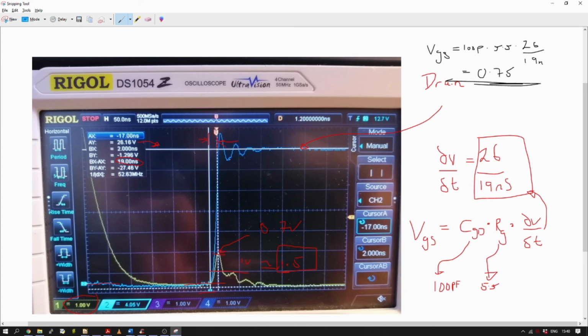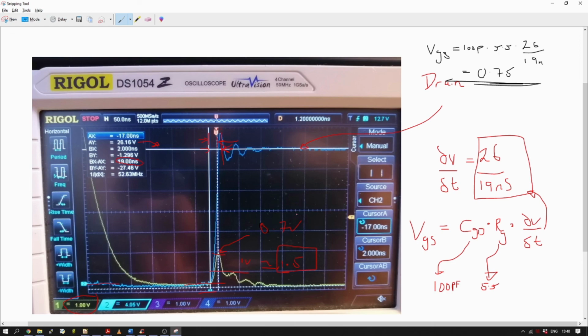Maybe I could have taken it more here. Maybe that's a better way of doing it. I don't know how much more that would add. Looks like we're one minor graticule more over, so I could probably redo the numbers again.